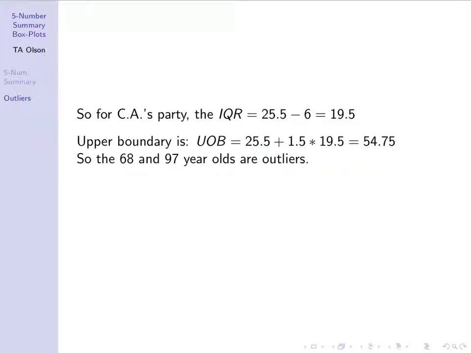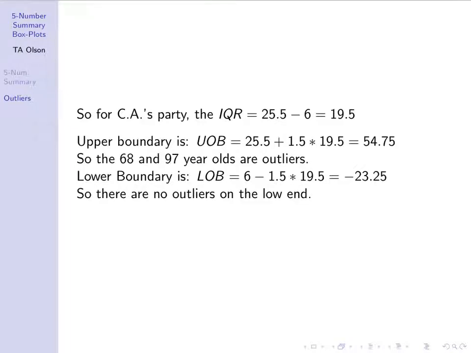If we look at our data points, there are 2 points that are larger than 54.75. So the 68-year-old and the 97-year-old, grandma, and these are the outliers of our data set.